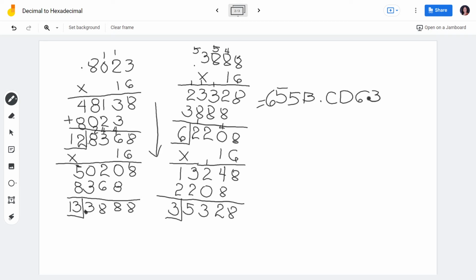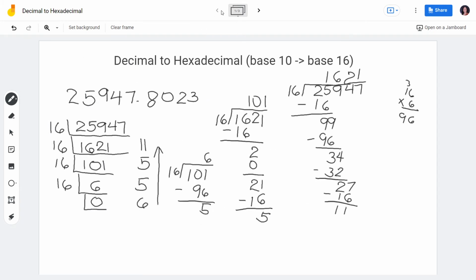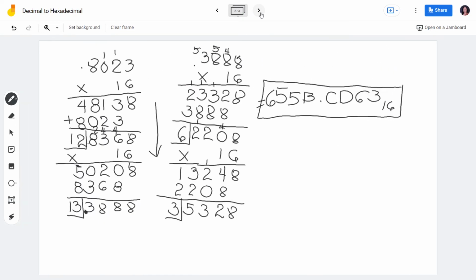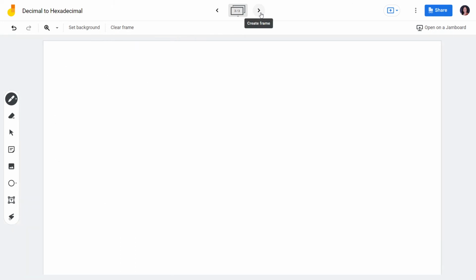And then 3, then base 16. So this is our answer for the equivalent of 25,947.8023. So it is 655B.CD63. So to reinforce our learning for decimal to hexadecimal, let's have another example.